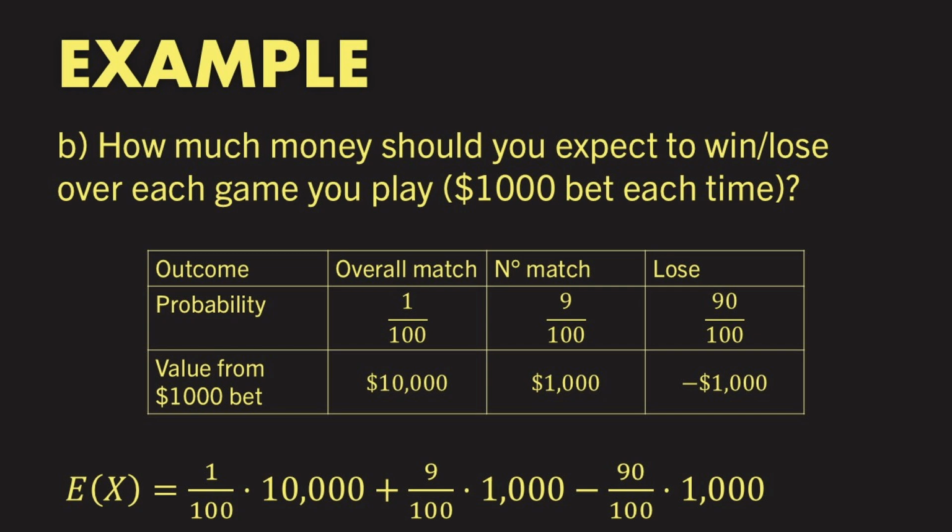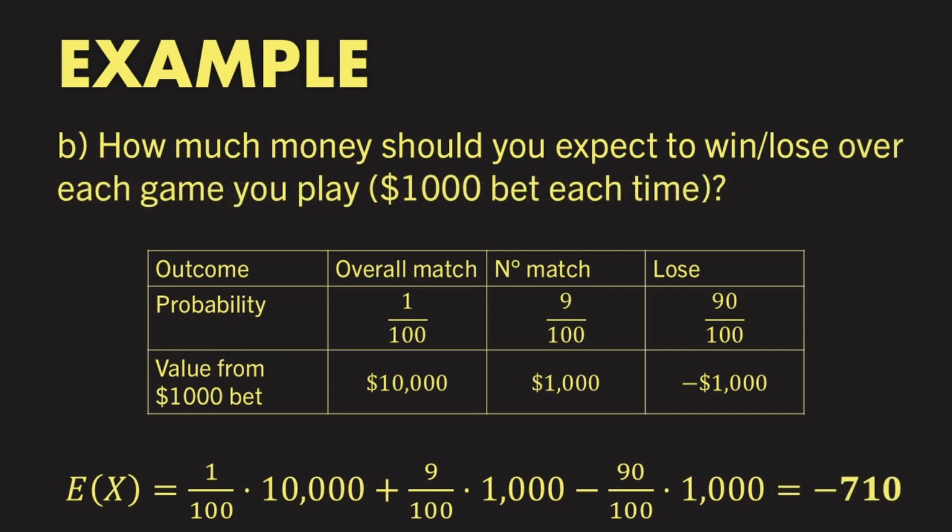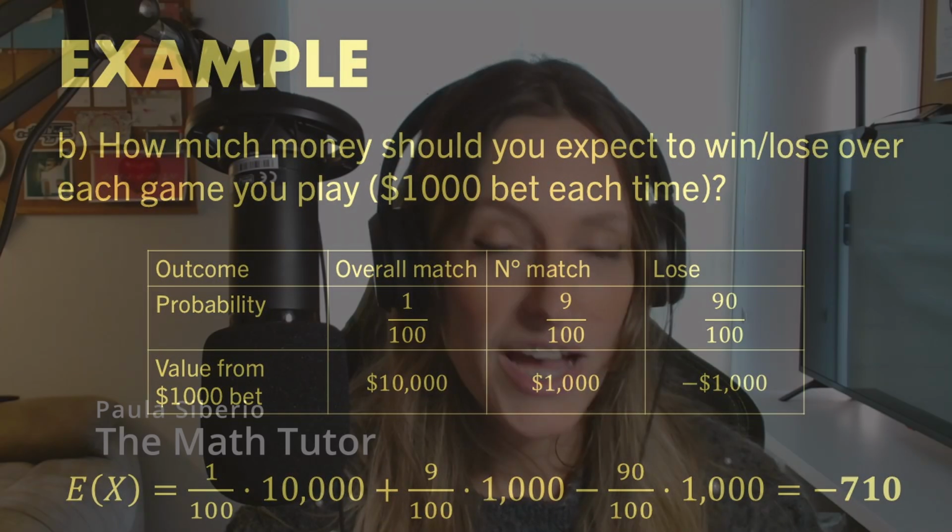So I end up with 1 over 100 times 10,000 plus 9 over 100 times 1000 minus 90 over 100 times 1000. And that gives me negative 710. If you play this game 100 times, you can expect to end up with $710 less than when you started.